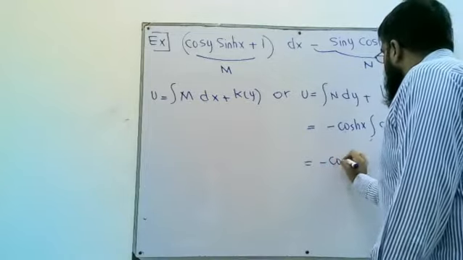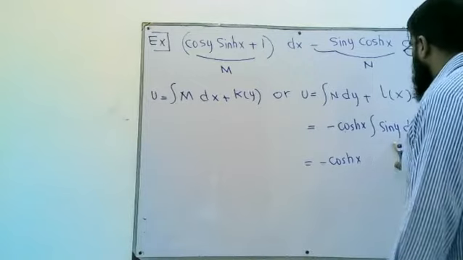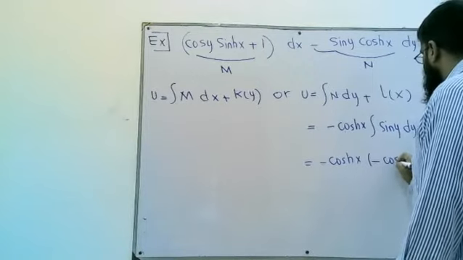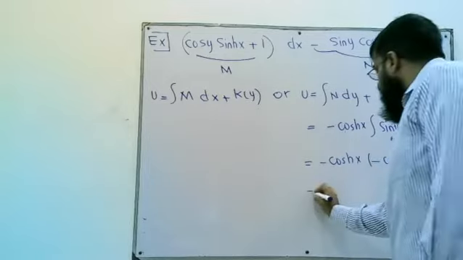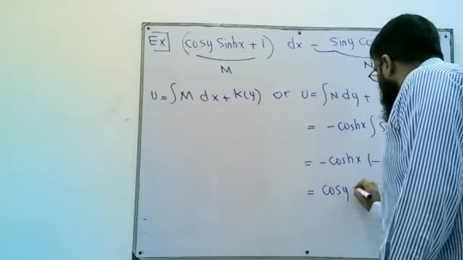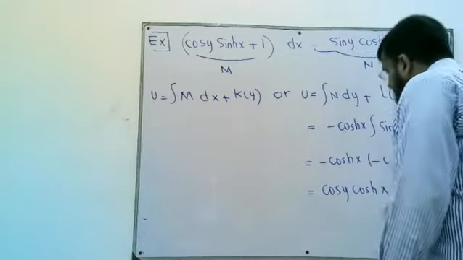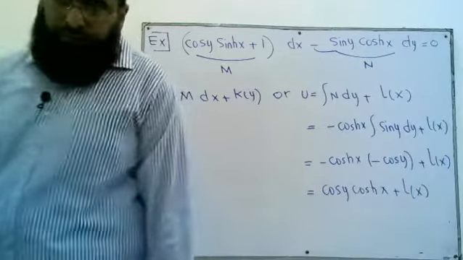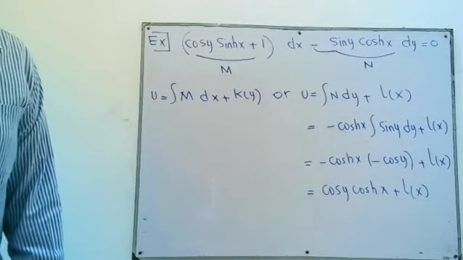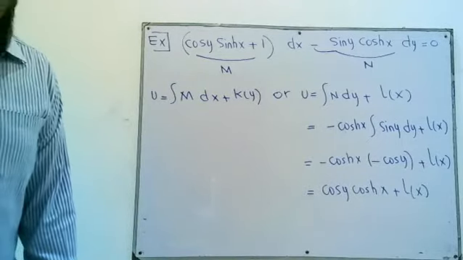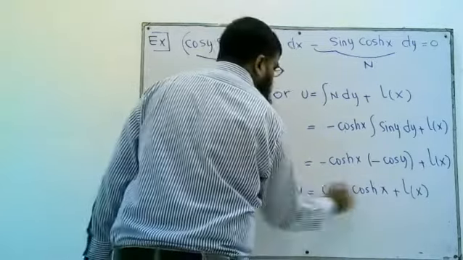So minus cosh x, and the integral of sin y is minus cos y plus L of x. So this is cos y cosh x plus L of x.